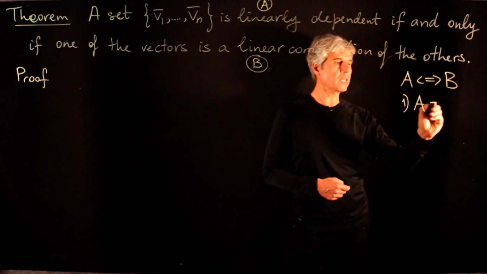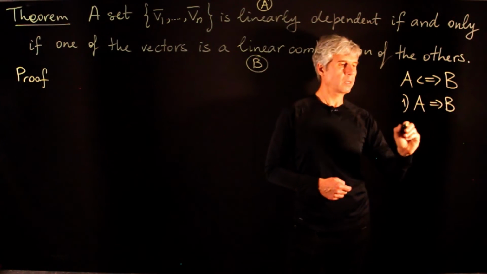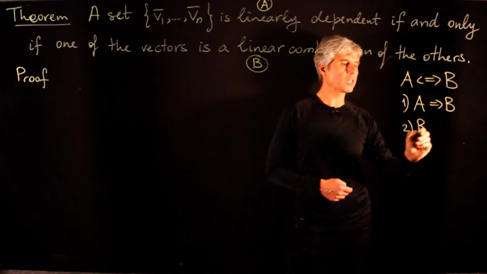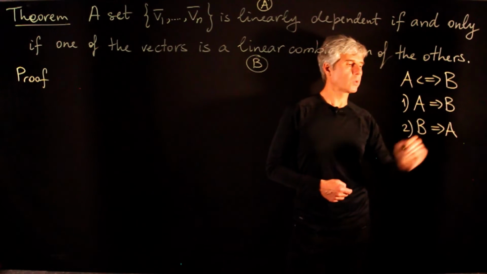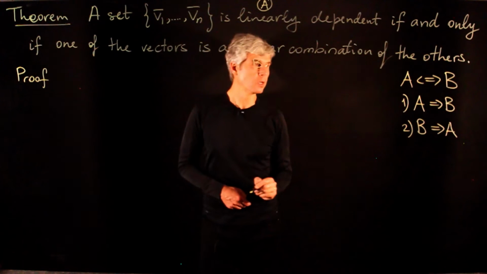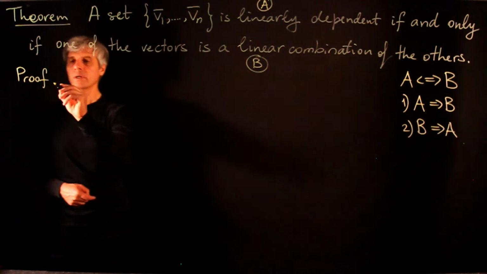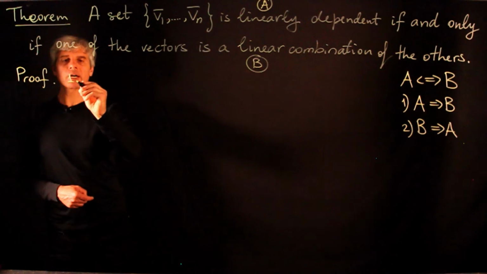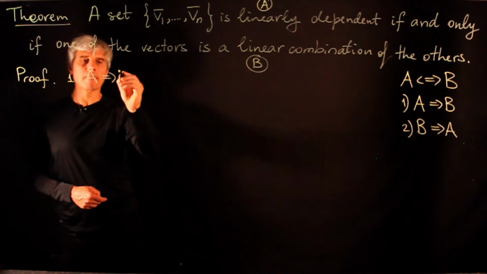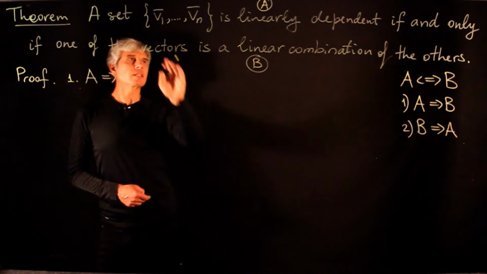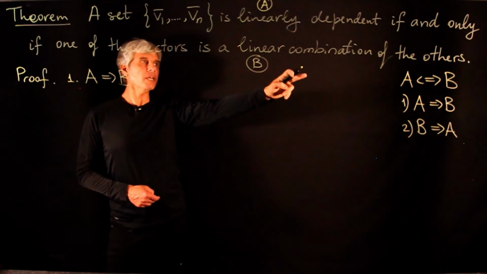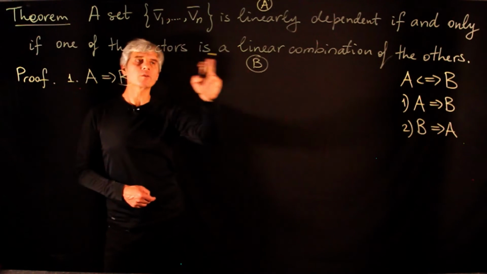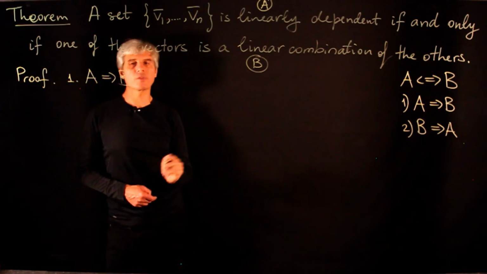We need to prove that A implies B, and we need to prove that B implies A. So this is what we're going to do. Our first part is that A implies B: if a set is linearly dependent, then one of the vectors is a linear combination of the others.